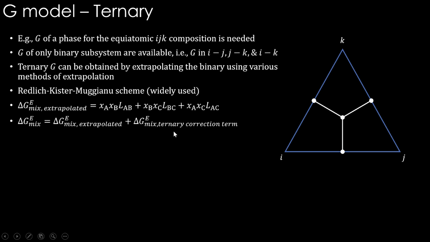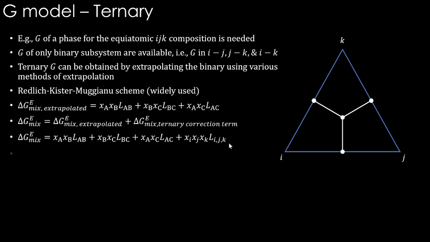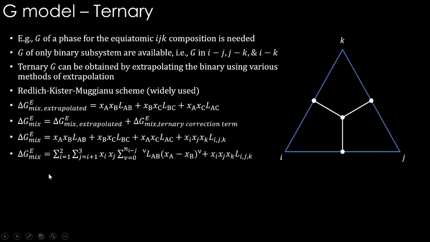That deviation is captured in the ternary correction term. So ΔG mix is all these three terms plus a ternary term. This is the ternary interaction term, L_IJK. Xi, Xj, Xk, all three mole fractions are multiplied with that. This is how the extrapolation works. This is the generalized form of that in the summation notation.